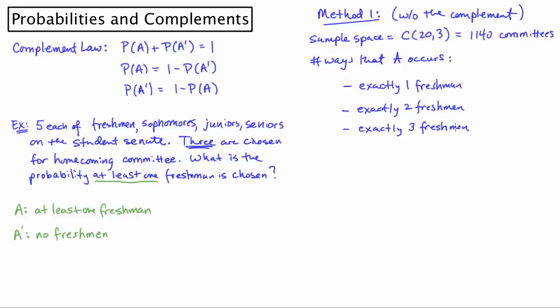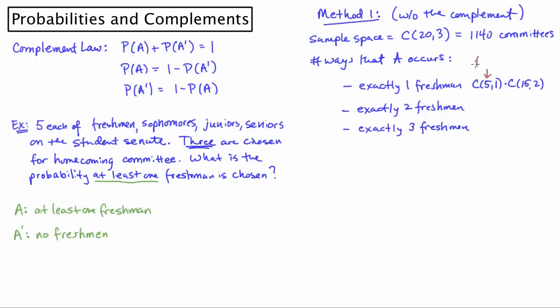If we're looking at choosing exactly one freshman, then that is C(5,1) chooses the freshman, and C(15,2) chooses the other two members of the committee. So let me make that a little bit more clear.